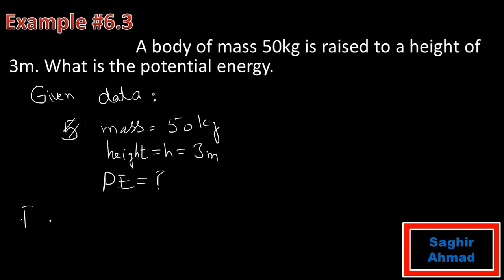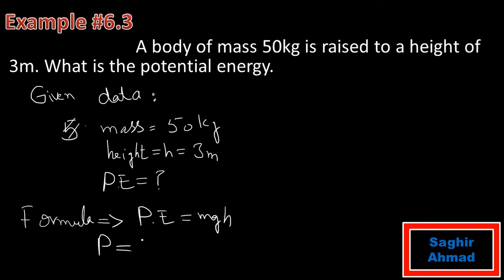So first of all we write the formula by which we can find the potential energy. The formula of potential energy is mgh. Now I simply put the values of m, g and h.